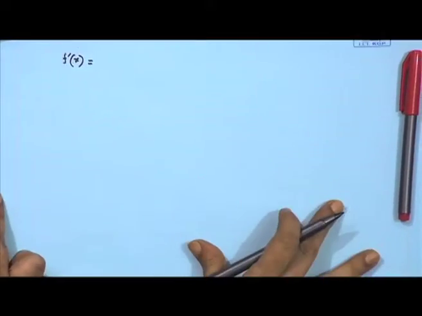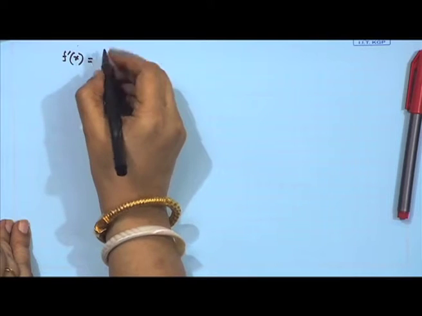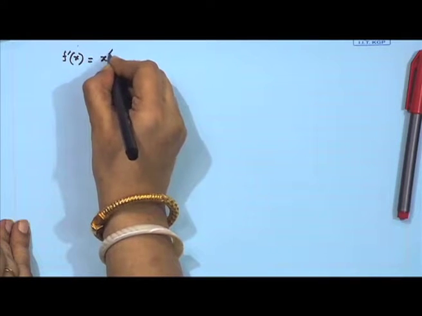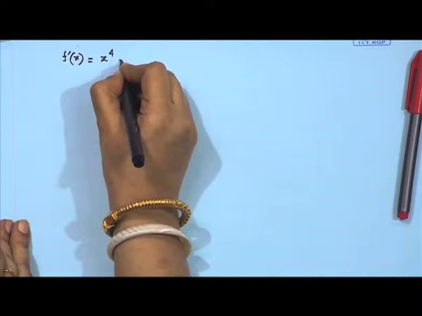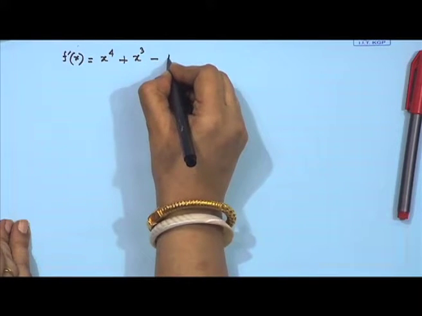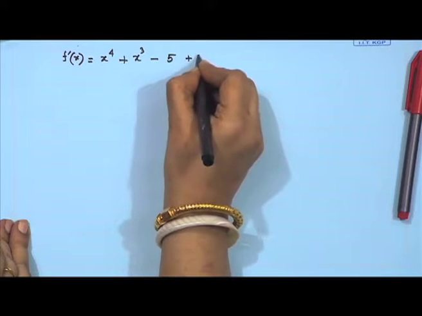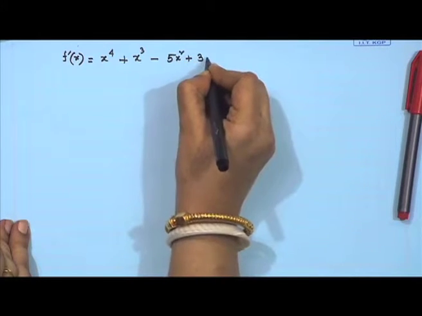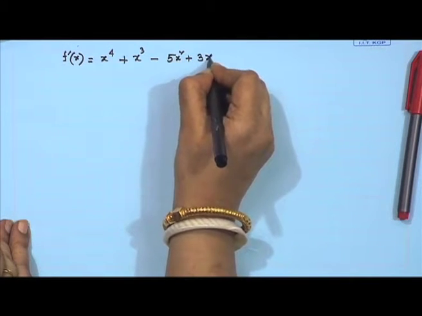For doing that, the necessary condition suggests we find the first order derivative of the function f dash x. Then we equate it to 0, and we get the stationary points. If we consider the first order derivative, it is x to the power 4 plus x cube minus 5x square plus 3x.